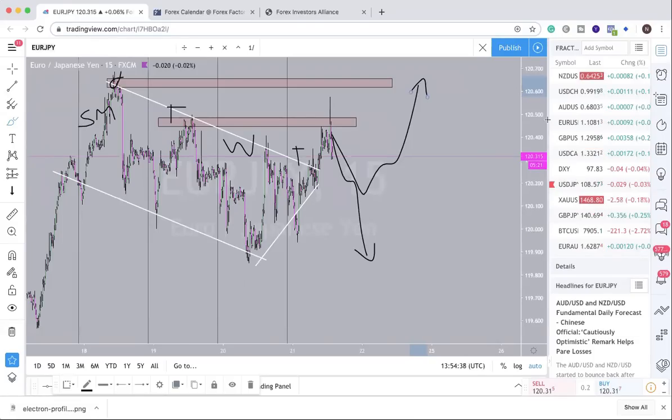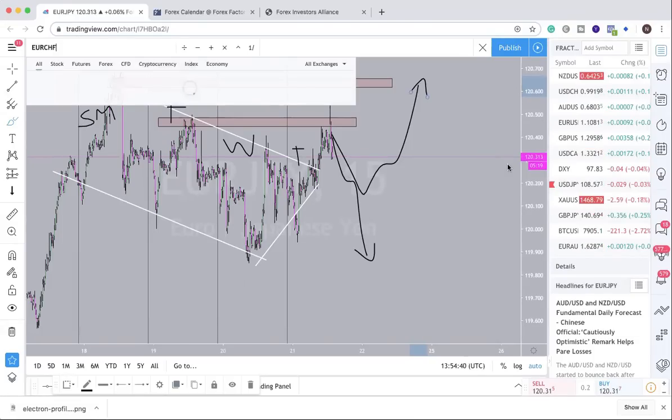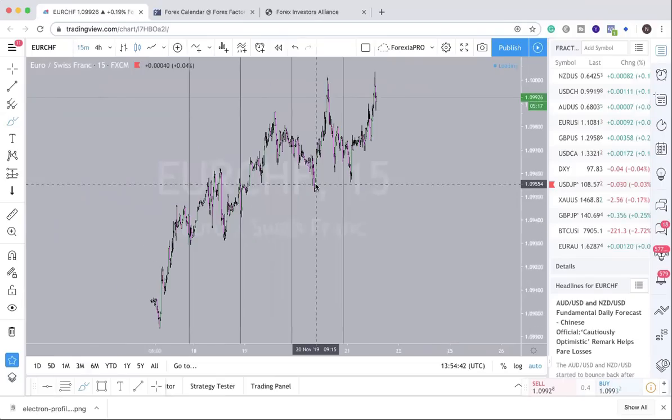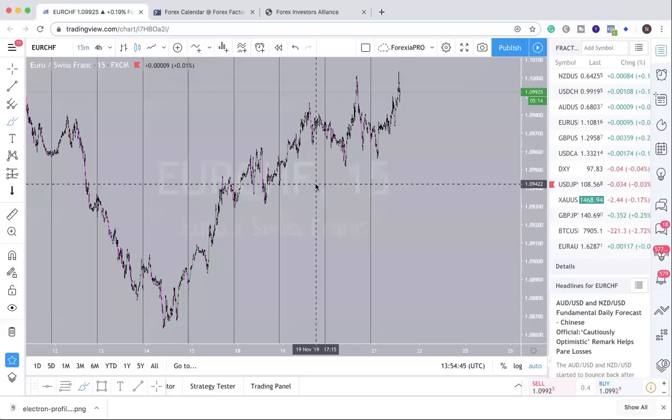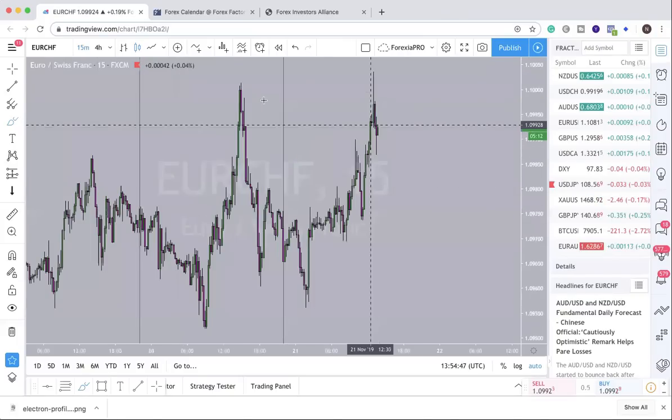Let's see what's next. Euro CHF. Interesting. This one looks a little better.